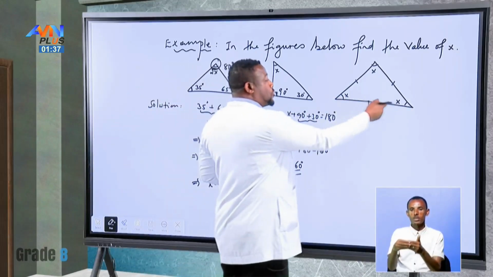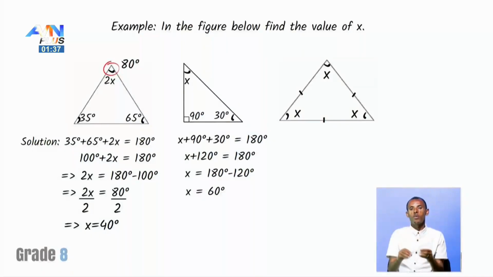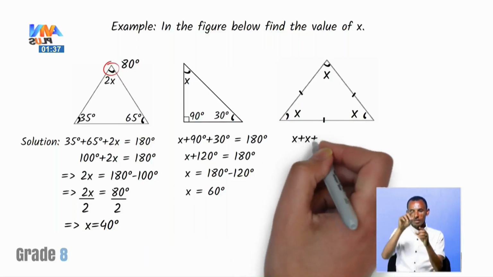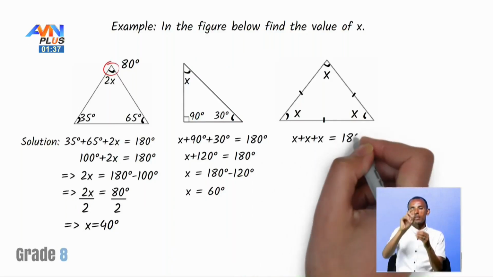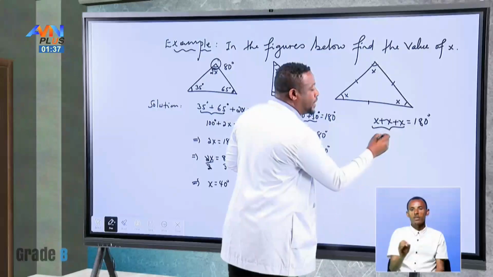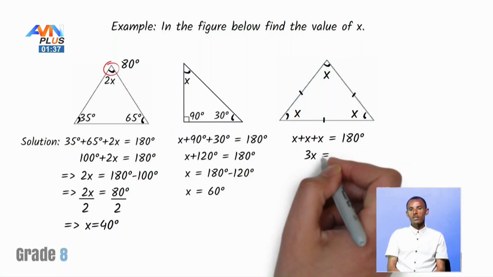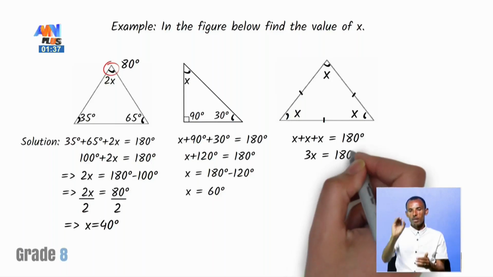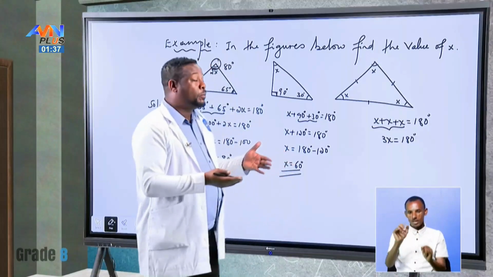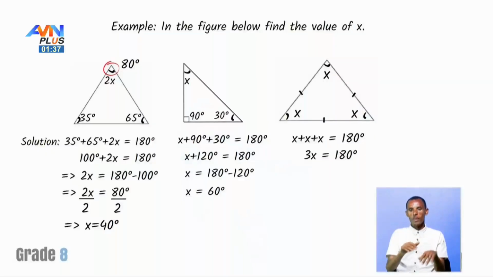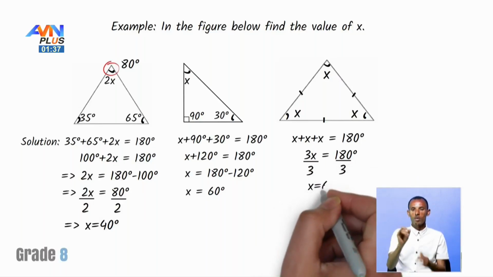The sum of these angles, x plus x plus x, must give us 180 degrees. So this sum is 3x. 3x is equal to 180 degrees. Now you can divide both sides by 3. Then x becomes 60 degrees, right?